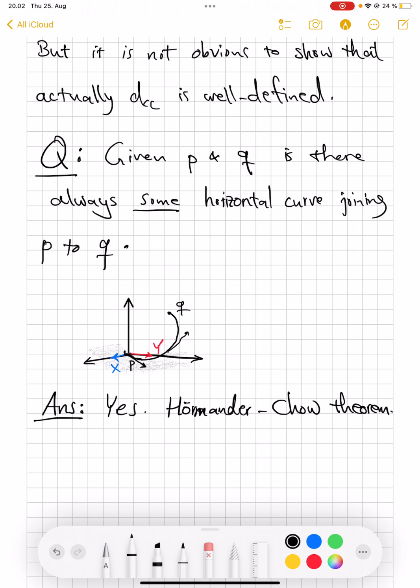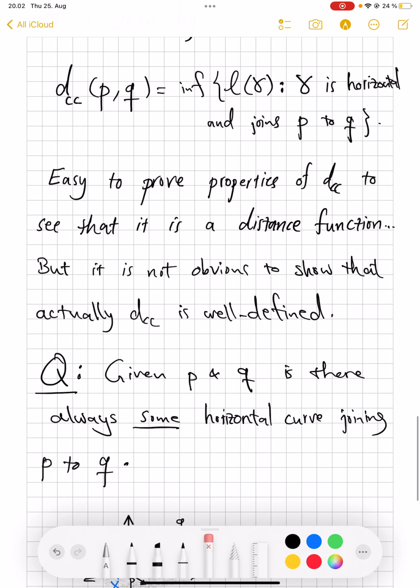So we need this big theorem to make sure that we are taking an infimum over a non-empty collection of curves. So there is always at least one horizontal curve joining P and Q, and therefore this infimum is a well-defined real number.